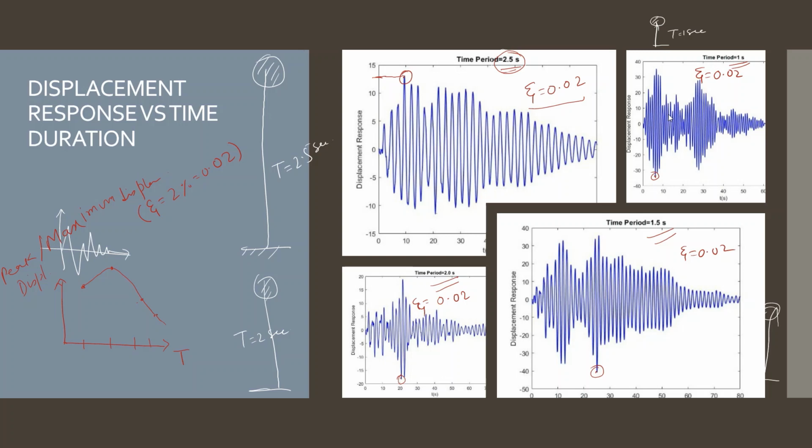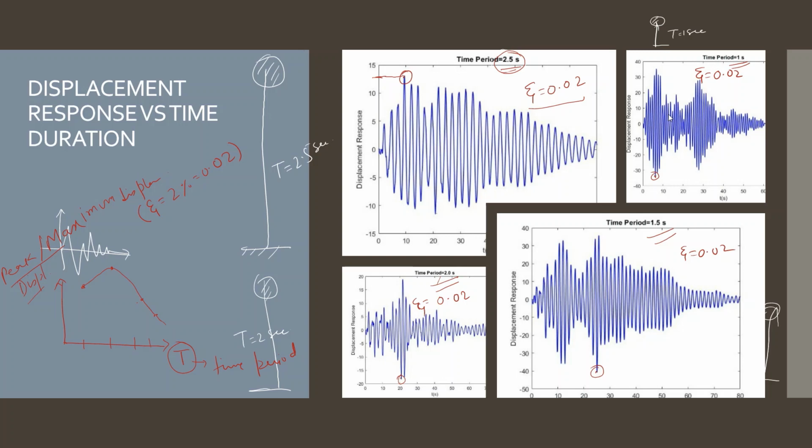Hence we have taken t as 0.5 seconds, dt as 0.5 seconds. We have to take a small size so that it would be a much better approximation. So it is the peak response or maximum displacement response with the time period. We have taken four different time periods with a constant damping ratio.